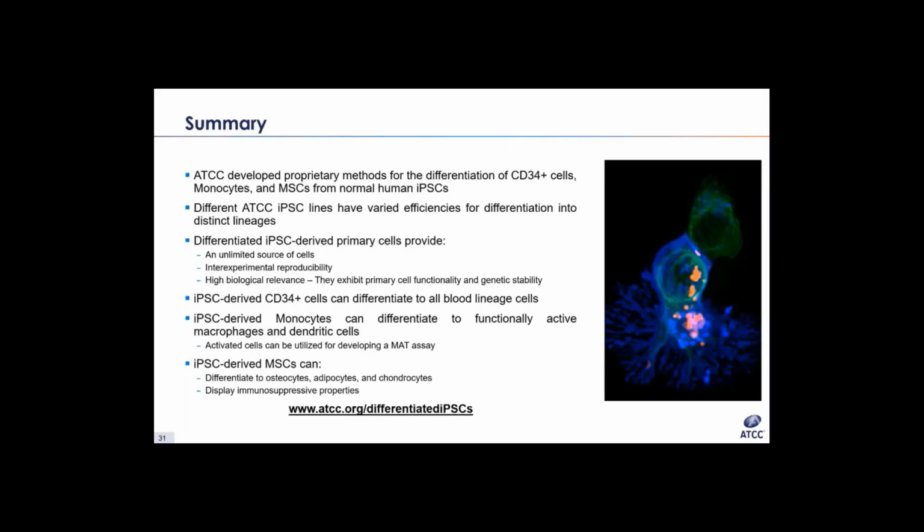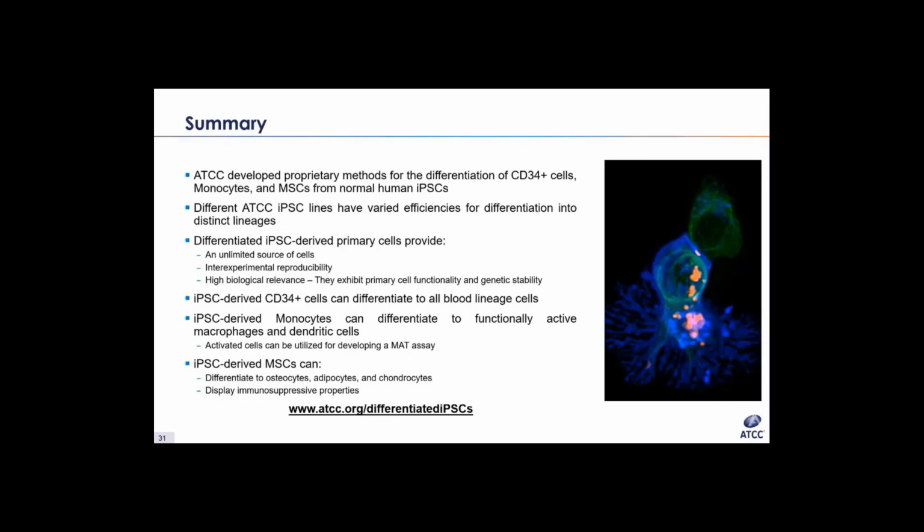All right, so let me go ahead and wrap up my presentation now. I've showed you that ATCC developed proprietary methods for the differentiation of CD34 positive cells, monocytes, and MSCs from normal human iPSCs. Something that I didn't mention before: the different ATCC iPSC lines have varied efficiencies for differentiation into distinct lineages.